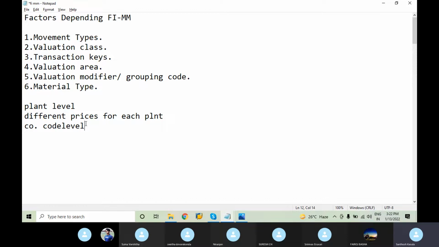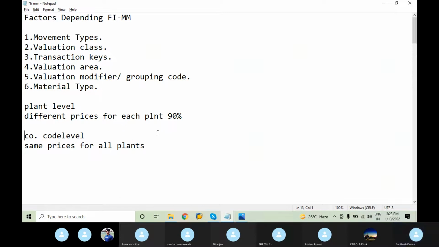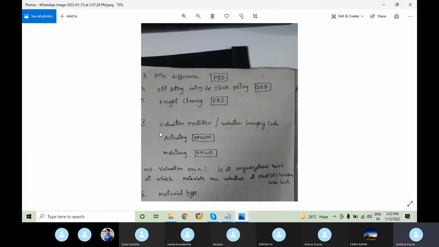If we define at company code level, we'll have the same prices for all plants. Most of the cases, 90% of the cases, we define the valuation area at plant level itself. Why? Because it differs from area to area. So these are the valuation areas, where materials are valuated.